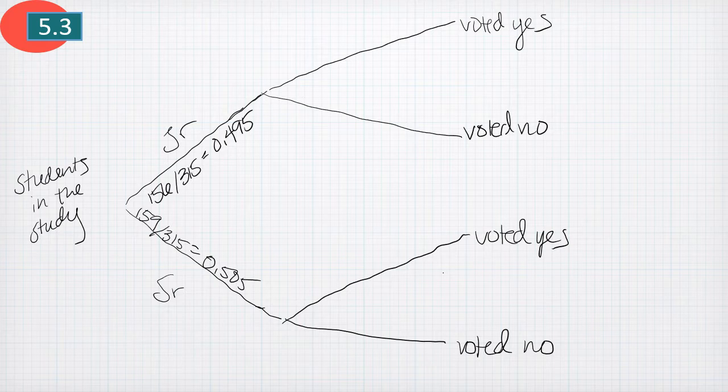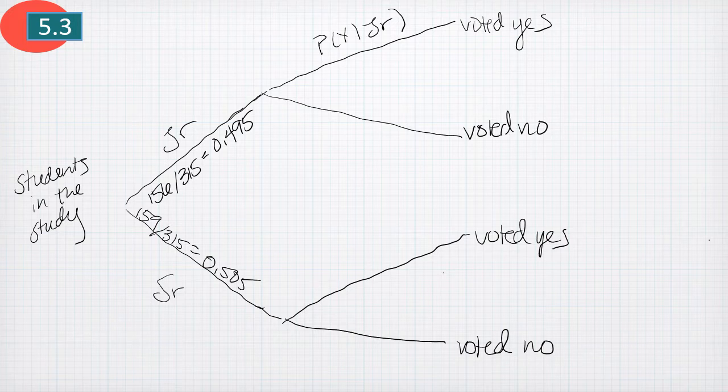If I'm looking at this voted yes here at the top from the junior branch, that means that these are people who voted yes given that they were a junior. That's right, it's a conditional probability. So this right here is really the probability of yes given that someone was a junior.